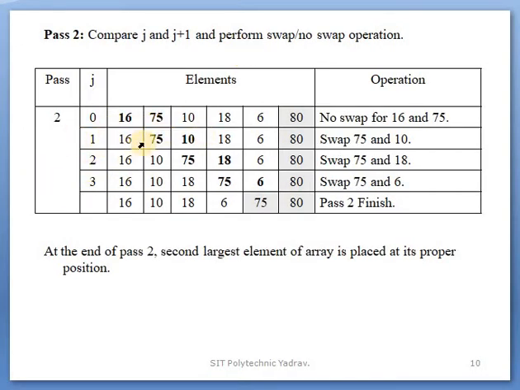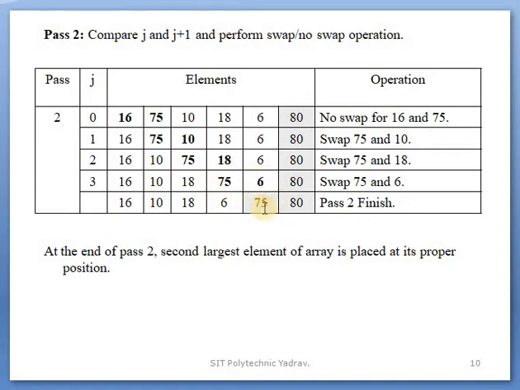After that, 75 is compared with 10. In that, 75 is greater than 10, so swap the numbers 10 and 75. After that, check 75 and 18. 75 is greater than 18, so swap. After that, 75 and 6 are checked. 75 is greater than 6, so swap it.